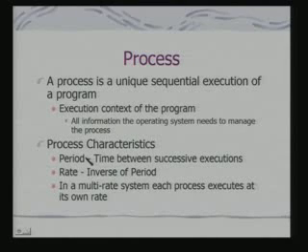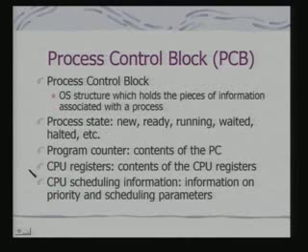Associated with the period is the rate, the inverse of the period, and in a multi-rate system each process would execute at its own rate. This information is important for the kernel as well, because the kernel schedules the processes through context switching. So this is one aspect of the information about the process.